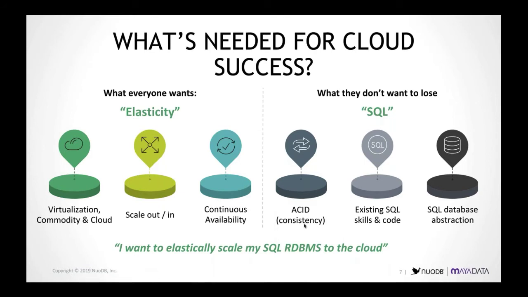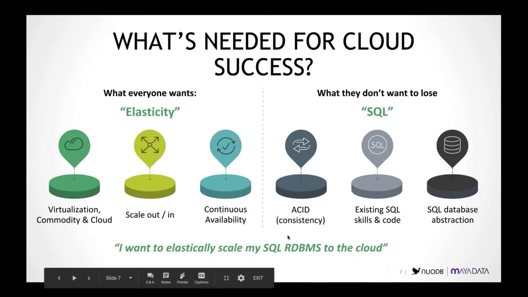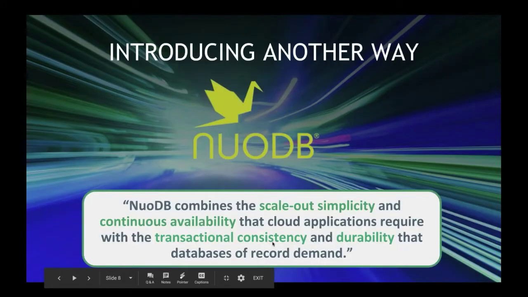So, what's the best choice? Well, if you can keep a SQL database running in the cloud and benefit both from the elasticity and the SQL, then that's a great choice.